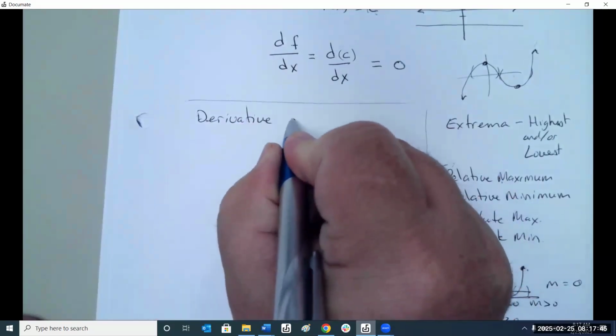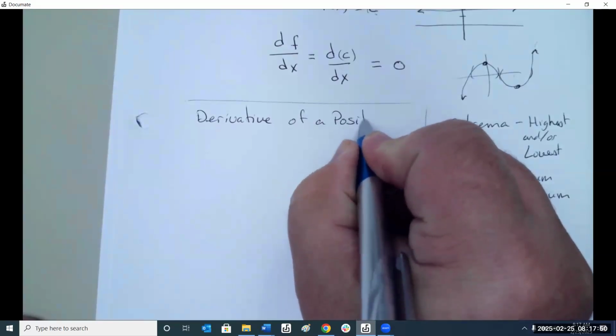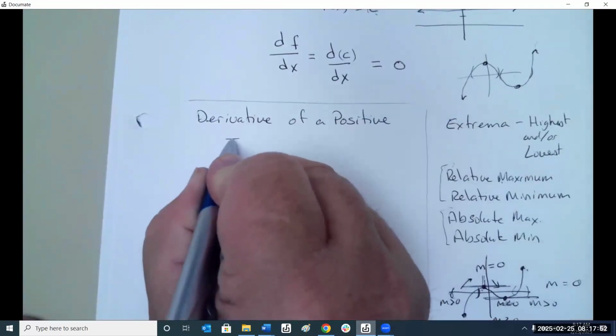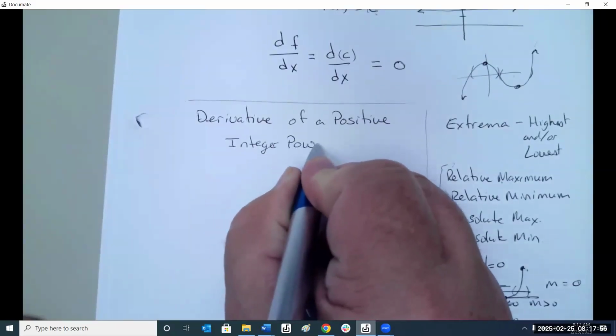The derivative of a positive integer power.